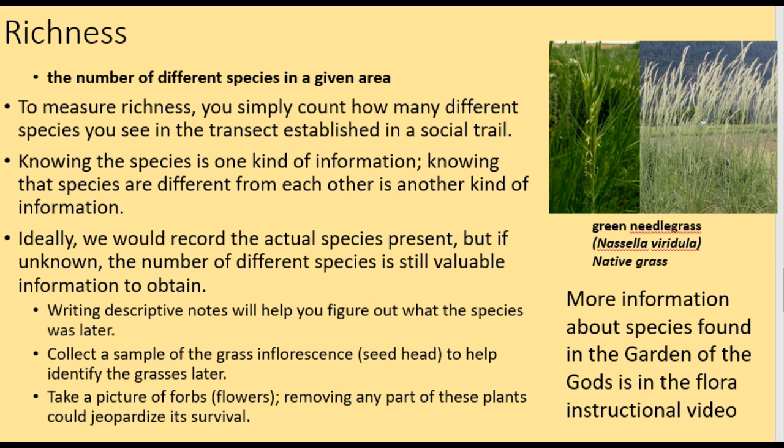Collect a sample of a grass inflorescence, for example, to help identify the grass later. Take a picture of any flowers. We don't want to be removing any flowers because their abundance is very low, and removing any parts of these plants could jeopardize their survival.